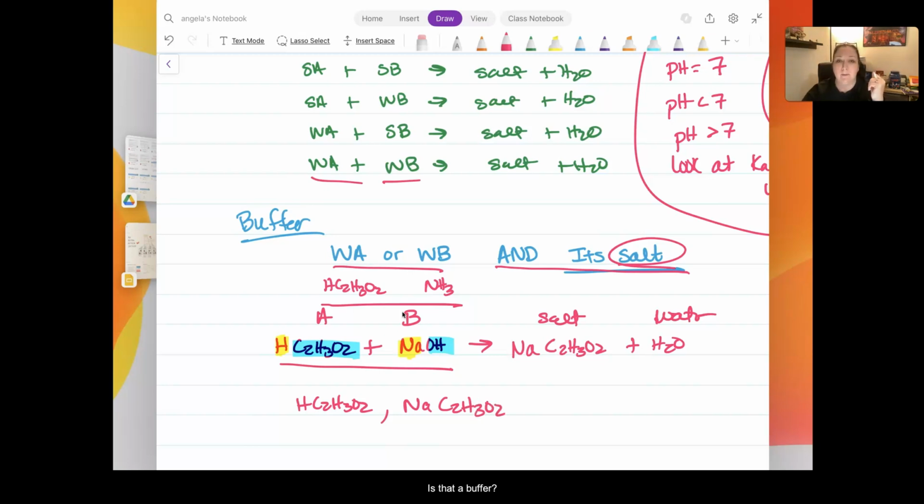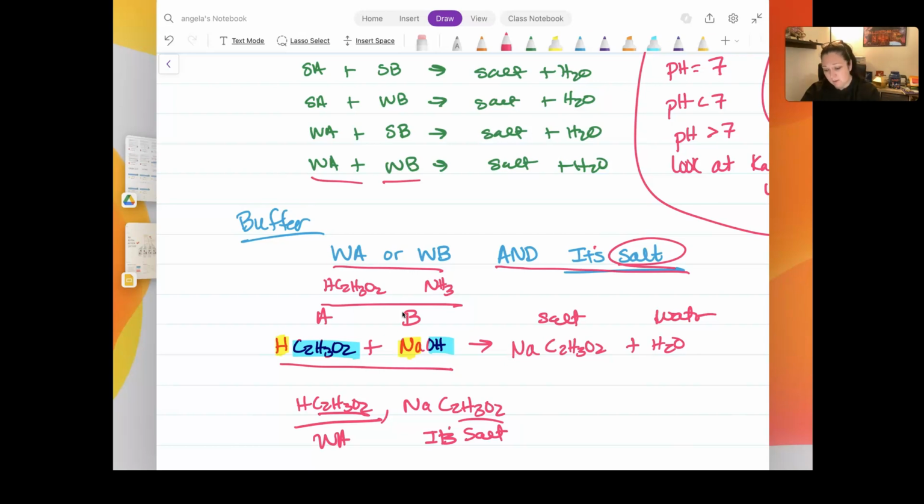Is that a buffer? The answer is yes, that is a buffer solution. Why? Because this is a weak acid and this is its salt. Its, apostrophe s, because it's possessive. That's its salt. How do you know it's its salt? Because it's its anion. It's the same one.